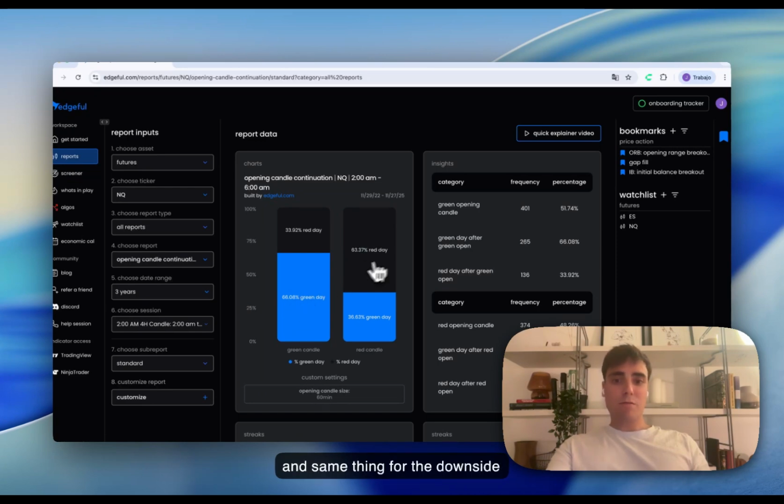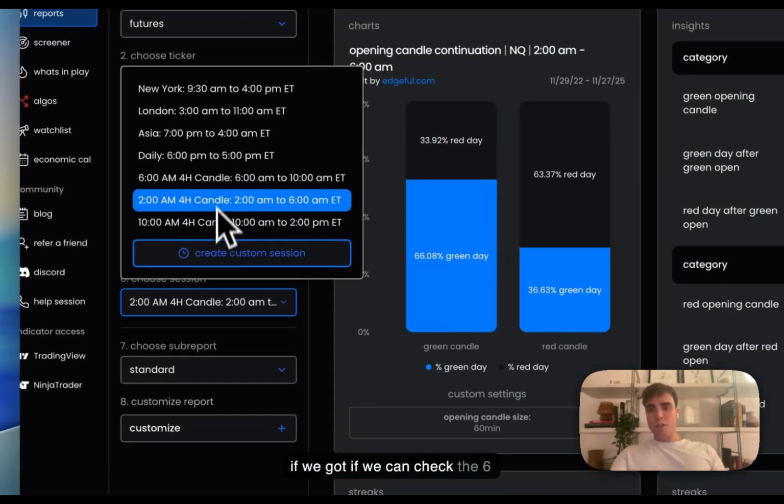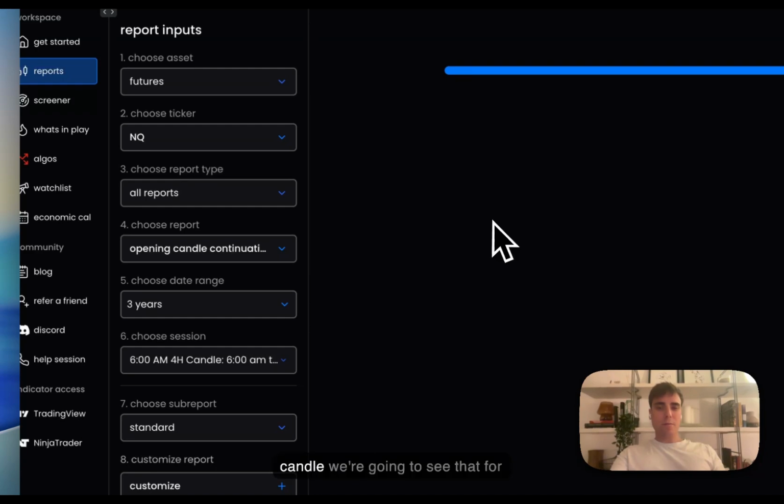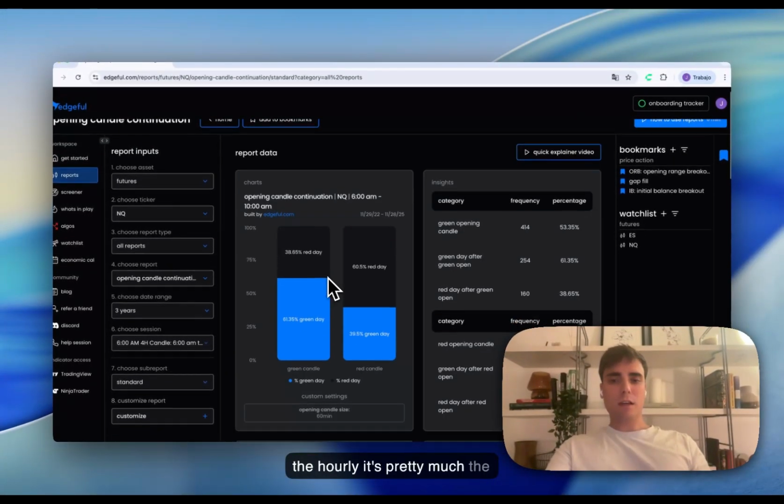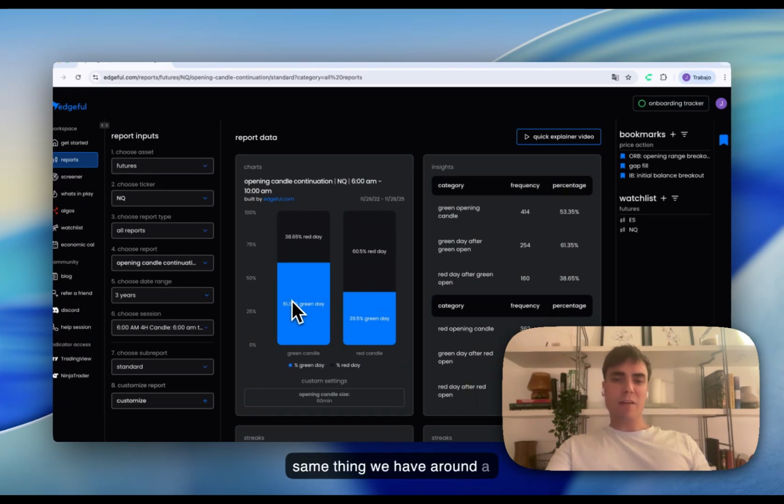Same for the downside; the percentages are pretty much the same for both green and red. If we check the 6 a.m. candle, for the hourly it's pretty much the same thing, around 60% on both sides.